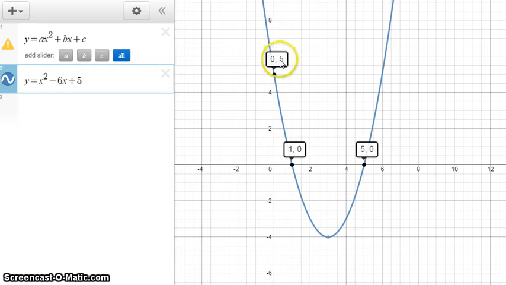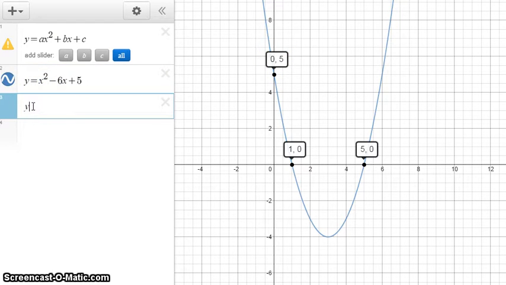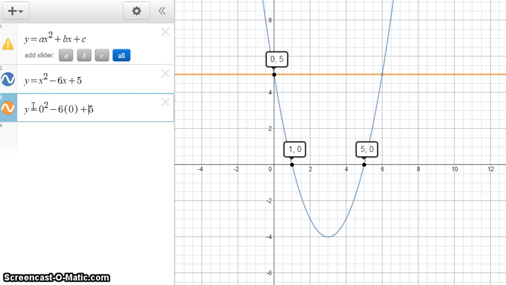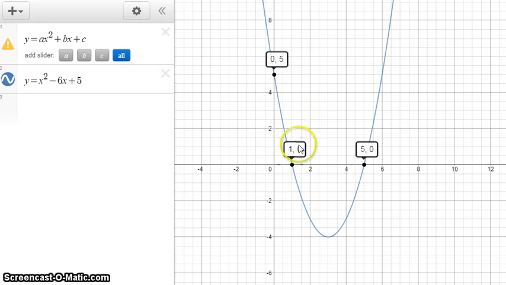And when my x is equal to 0, I would have y is equal to 0 squared minus 6 times 0 plus 5. This is 0, this is 0, so when my x is equal to 0, my y value is just 5. So that's it, right? So this is my x-intercept (1, 0), my x-intercept (5, 0), and my y-intercept (0, 5).